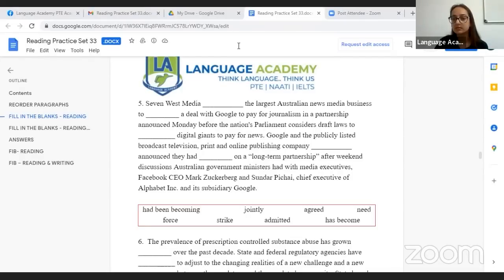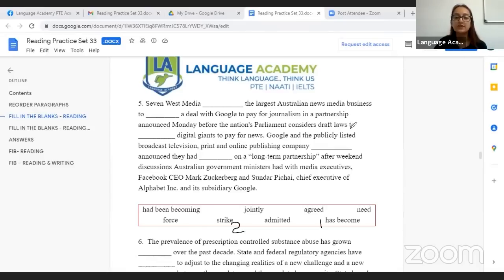Okay, should be done. Well done, good answers. The first one is Seven West Media has become the largest Australian news media business to dash a deal with Google. So strike a deal is a collocation. Strike a deal basically means to complete a deal, to finalize a deal with Google to pay for journalism in a partnership announced Monday before the nation's parliament considers draft laws to dash digital giants to pay for news.